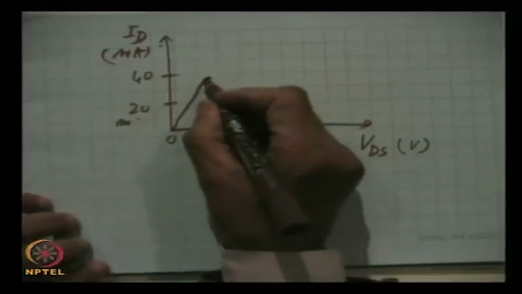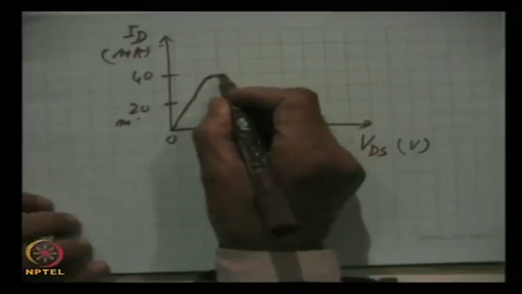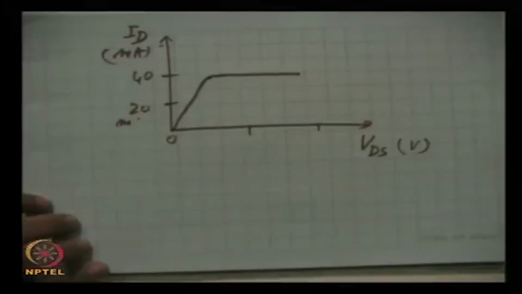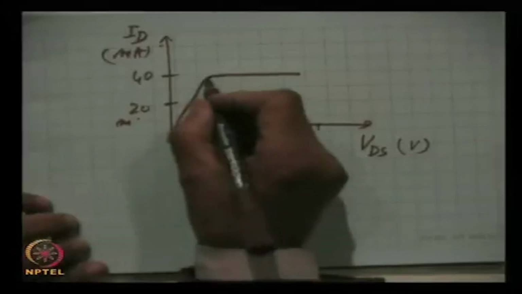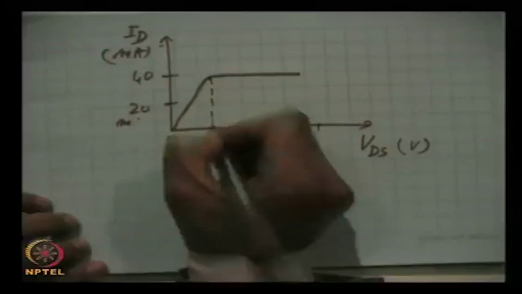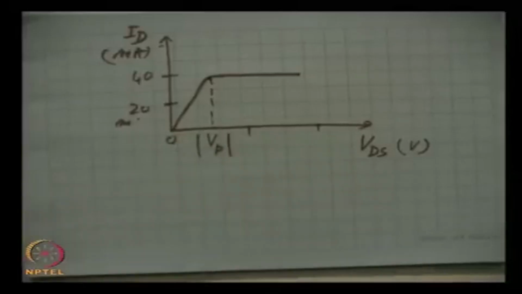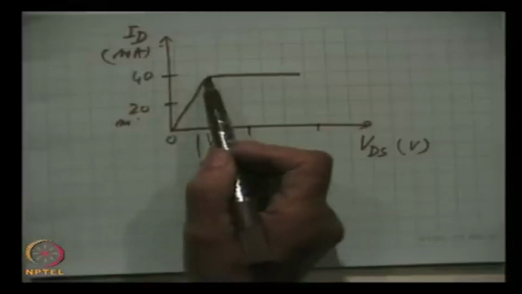So, the current is levelled off, it does not increase further, and this voltage is Vp, the magnitude of the pinch off voltage, where the pinch off has occurred.